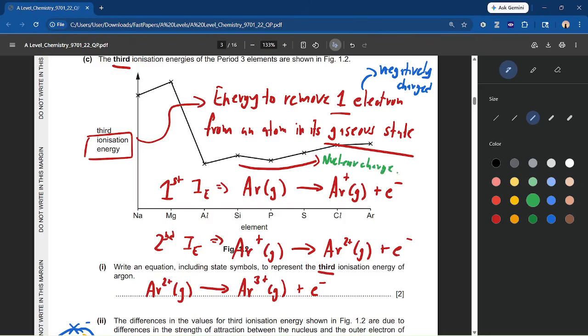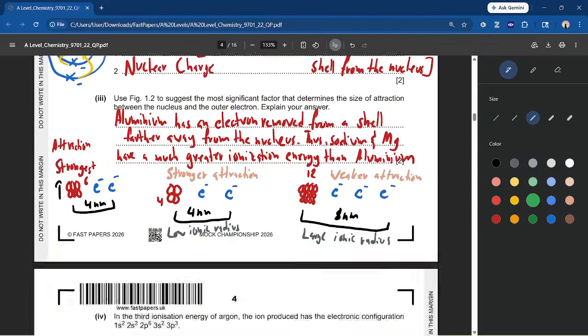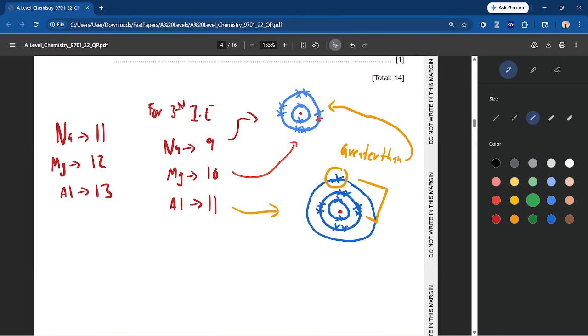Whereas over here, if we go down over here, these 9 electrons are being attracted by 11 protons. This is being attracted by 12 protons. So their nuclear charge is also high. Nuclear charge high.